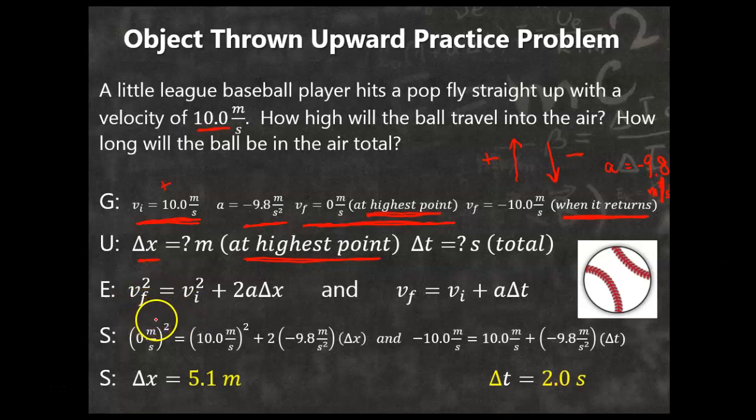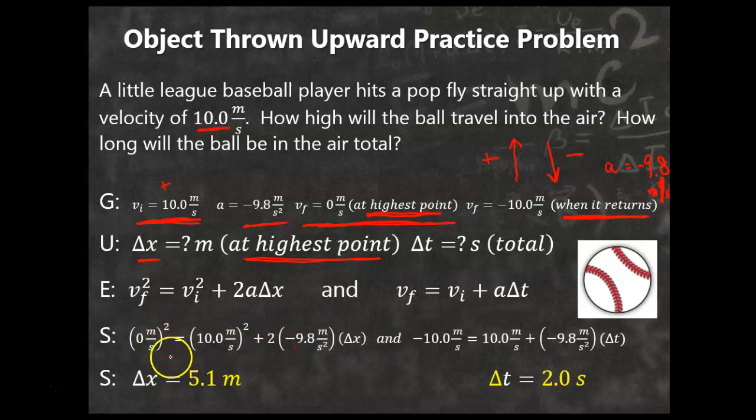So this analysis is to the highest point, and at the highest point, our final velocity is going to be 0. Initial velocity is 10 meters per second. Acceleration is operating downward, so it's negative 9.8 meters per second squared, times d. So we plugged in all the numbers. The only thing that we have yet to solve for is distance or displacement. So we just do the math, right? 2 times 9.8, 10 times 10.